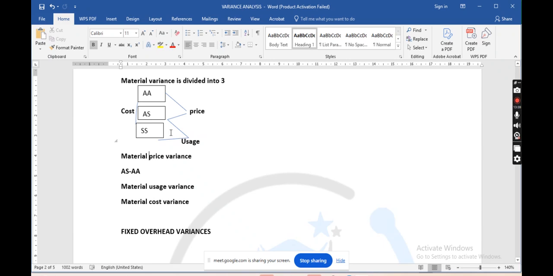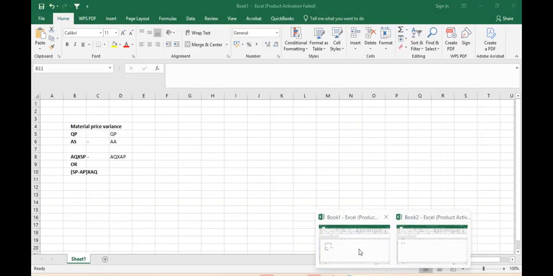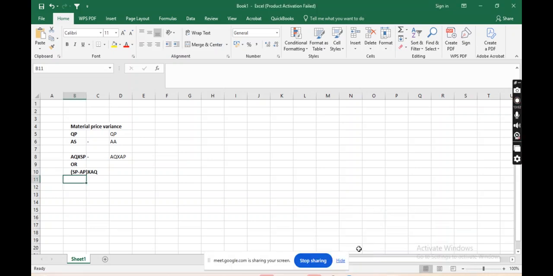Now, you said AS, match AS to AA. We give you the material price, and that is what we did there. AS and AA. Because it is material, you compare your quantity, and price.